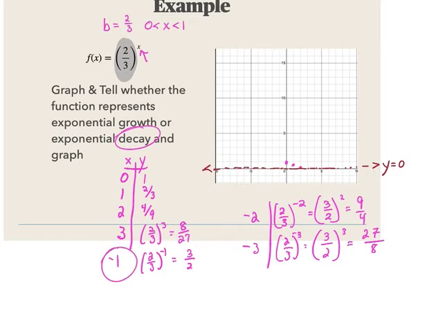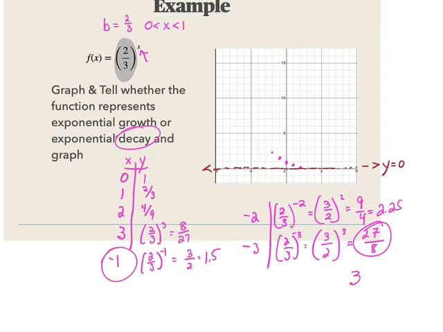At -1, we're at 3/2. Now that is 1.5. So -1, we're at 1.5, right about there. At -2, we're at 2.25. So -2 and 2.25, about like that. And then at -3, we're at 27/8.